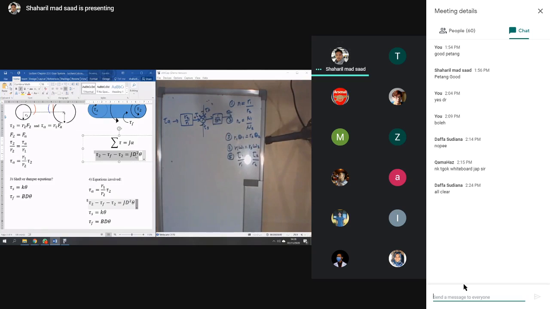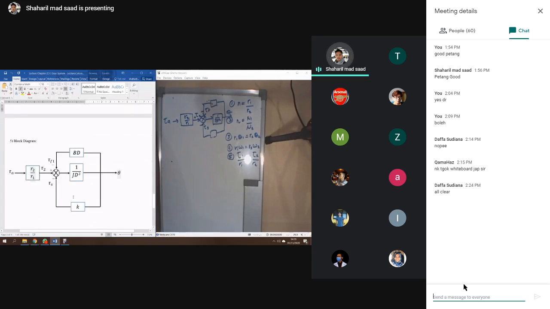After that you can solve for equations 3 and 4 here. So that's why you get the block diagram like this one.